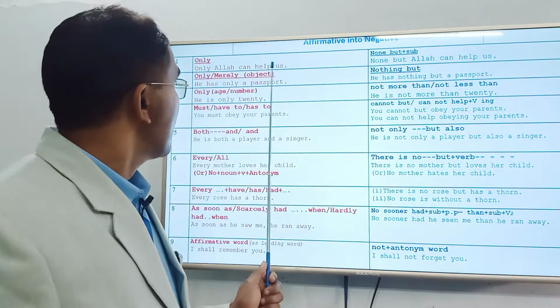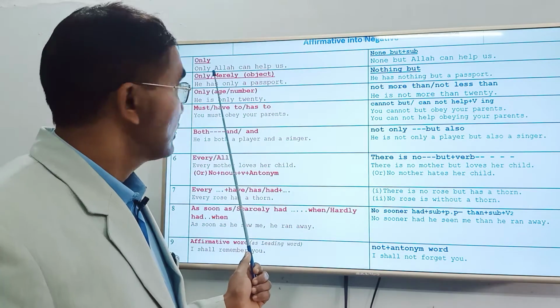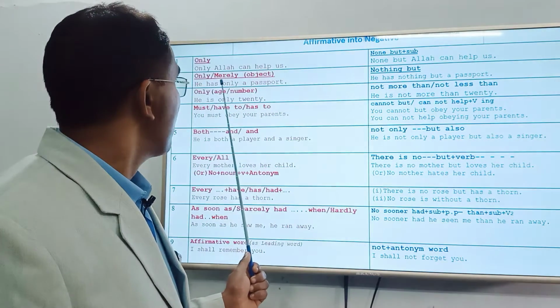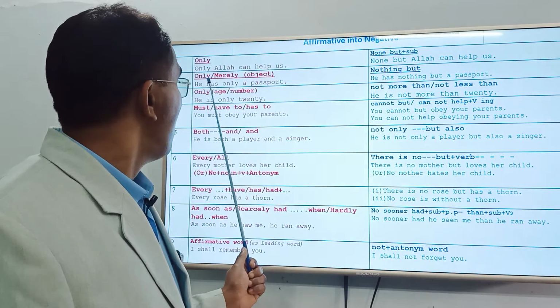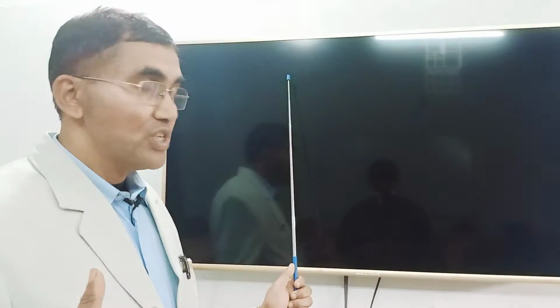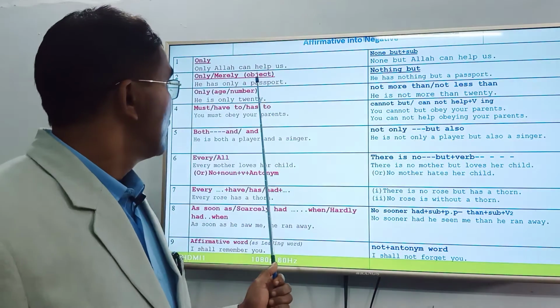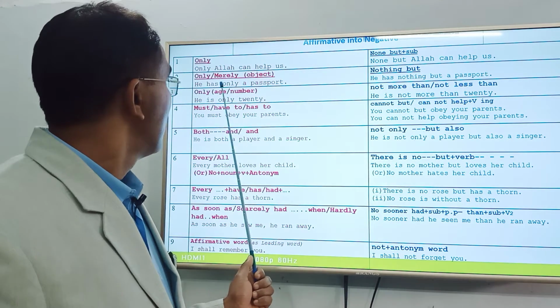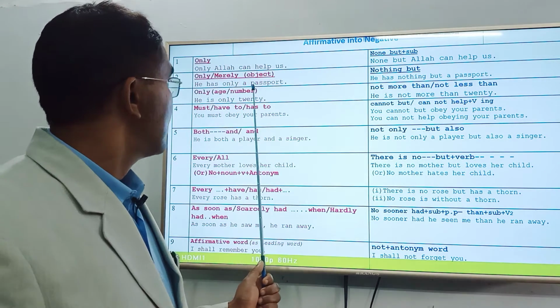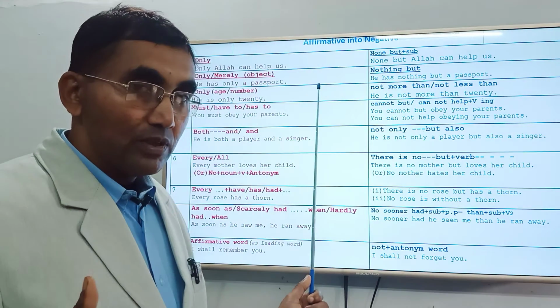And if you find an affirmative sentence with only or merely, and if only or merely denotes any object, as for example, he has only a passport. Here passport is an object.